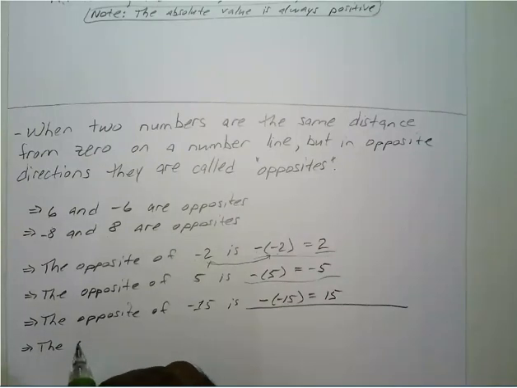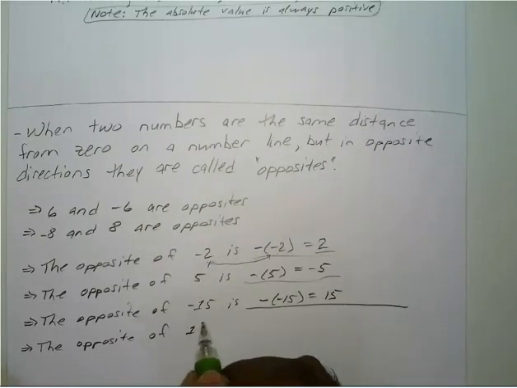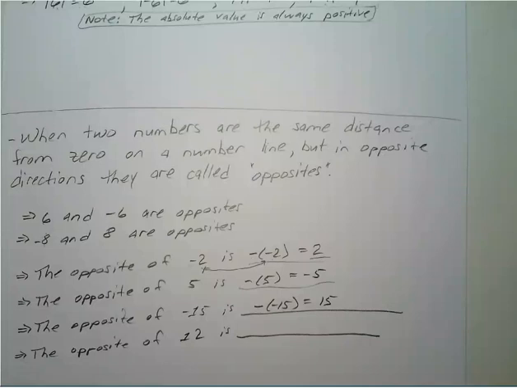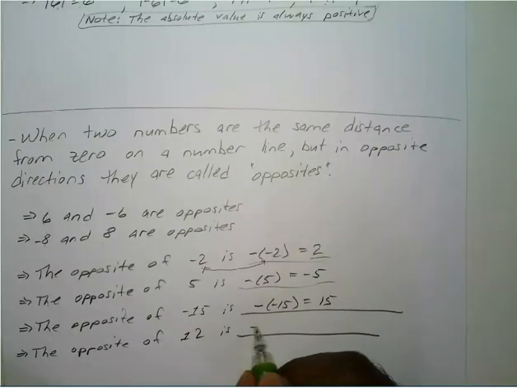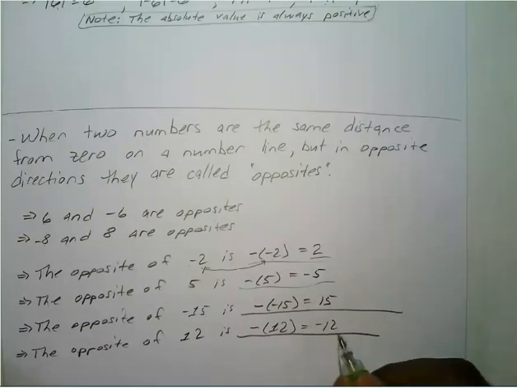What about the opposite of positive 12? Okay, again, if you have to press pause to solve it, go ahead and press pause. Okay, so the opposite of 12 is the opposite of 12, which is negative 12.